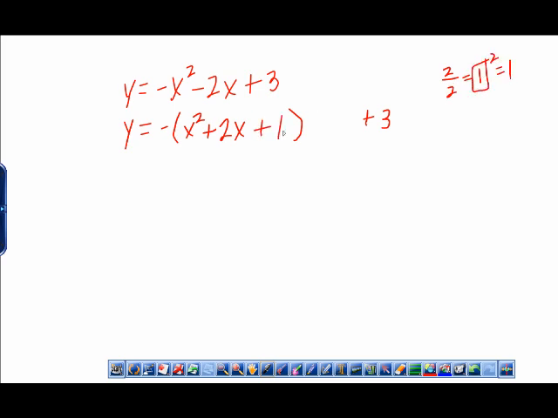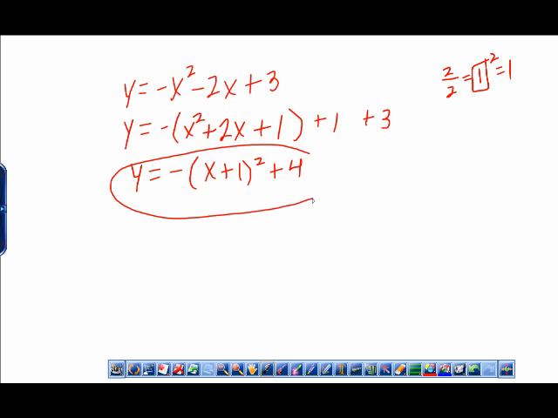So plus 1 completes the square. What I really did, though, is a negative 1. So I can either do a negative 1 over here, or I can do the opposite, which is a plus 1 over there. And you get y equals negative x plus 1 squared plus 4. At this point, everybody should be able to do that error-free every time.